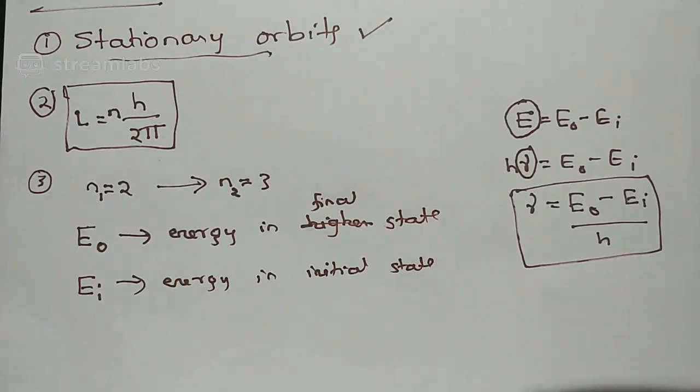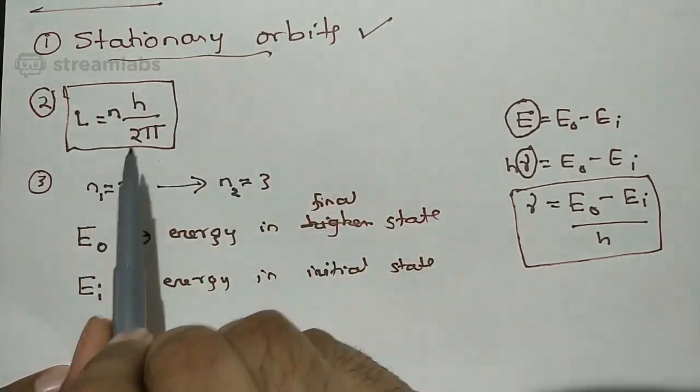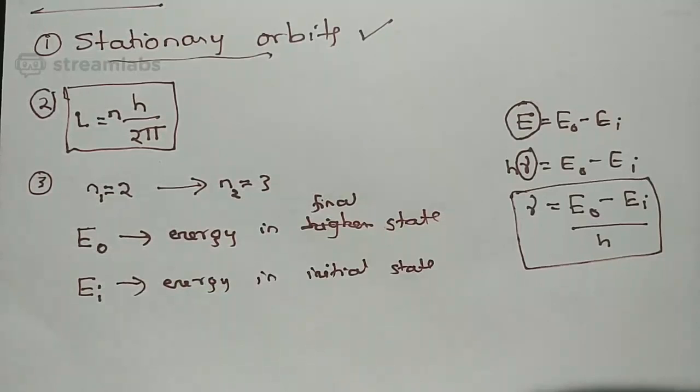So wave nature is not dominant there. But here, in the case of an electron revolving around the nucleus, its speed is very high. So the wave nature of the electron is dominant, not the particle nature. On that basis he introduced the stationary orbit as well as the second postulate as well as the third postulate. So remember this, very, very important.